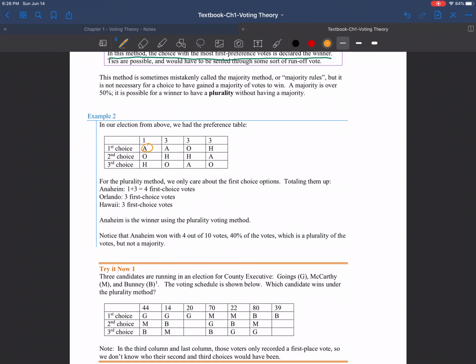Anaheim got first place votes by one person and by three people. Anaheim got 4 first place votes, whereas Orlando got 3 and Hawaii got 3 first place votes. That's just first place. We're not thinking about second choice or third choice. So 4 people put Anaheim as their first choice, right? This one person who voted AOH and these 3 people who voted AHO.